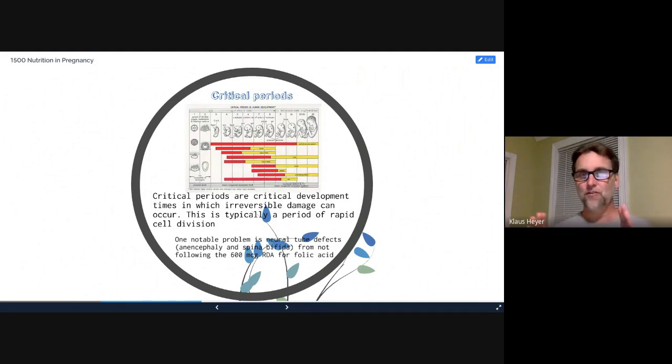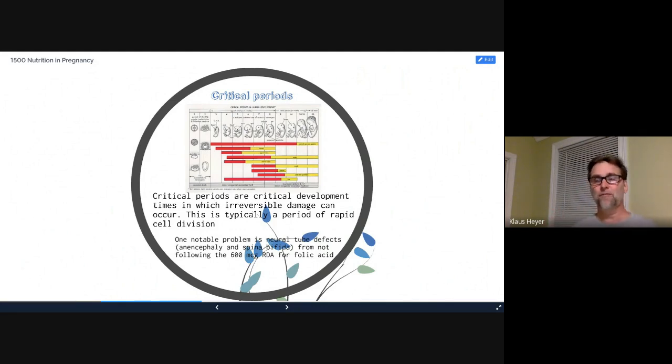But there are critical periods where if damage is done, that's it, it's done. And every organ has different times. I gave the example here of brain development: if you do damage in this critical period, and it's rather early on, the damage to the brain is done.